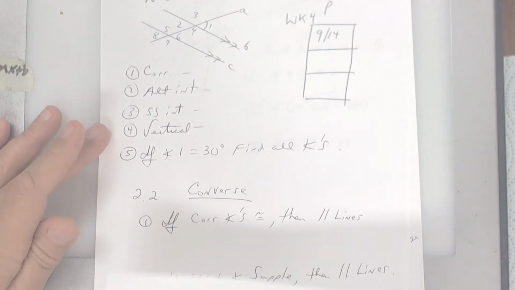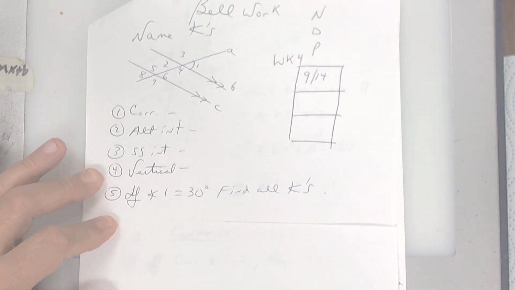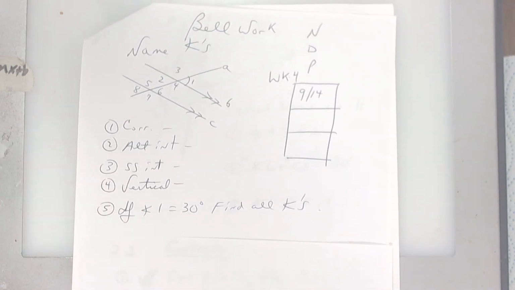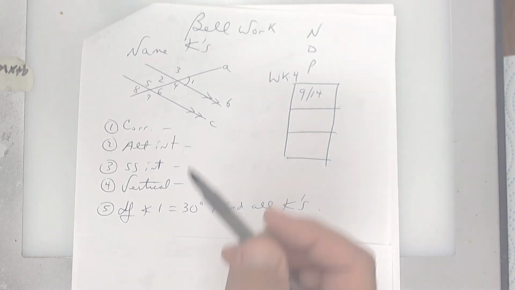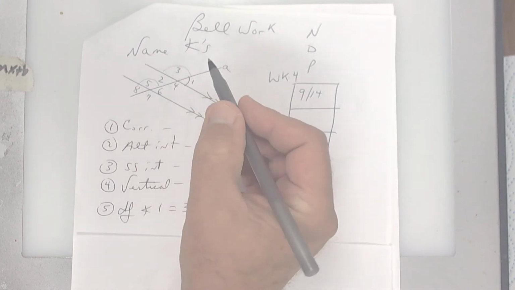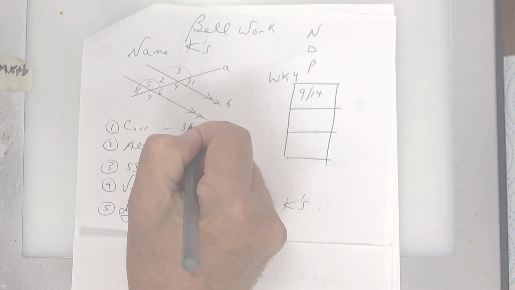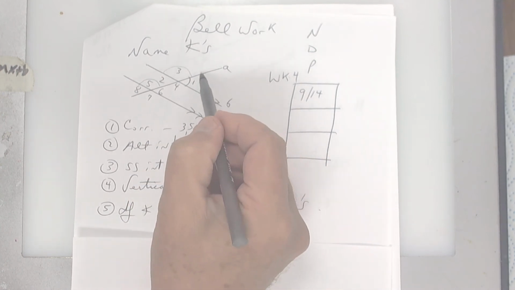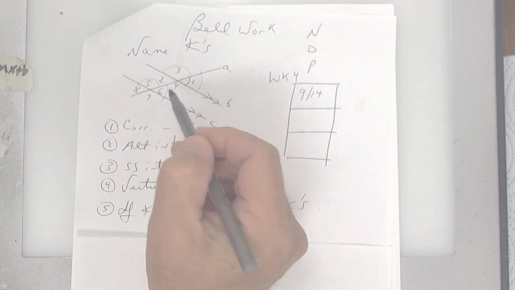Geometry. Okay, copy that down. Let's take a look. Corresponding angles is top, top. So the top of this one, the top of this line, and the top of that line. So 3 and 5. What else? 1 and 6.